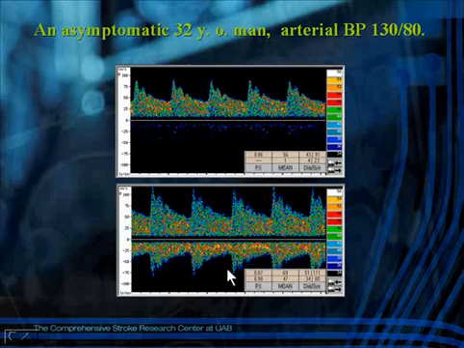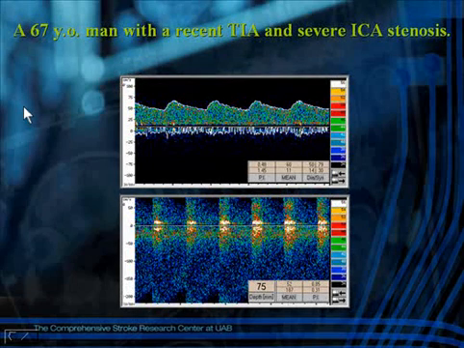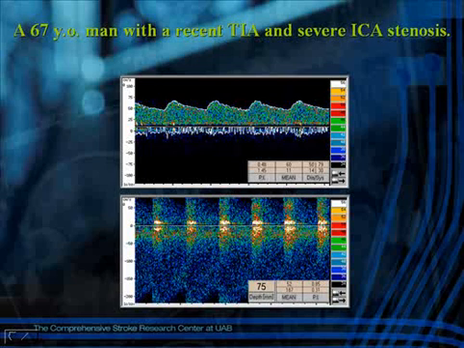Now, if you advance to the next slide, you will see a 67-year-old man with a recent TIA and severe ICA stenosis, and you see how these waveforms obtained at similar locations change. Middle cerebral artery, distal to the stenosis, becomes what's called blunted, with delayed systolic flow acceleration and a flattened waveform because of compensatory vasodilation, and because the flow had to pass through narrow collateral channels that are not yet developed, or pass through a significant narrowing to get to the point.